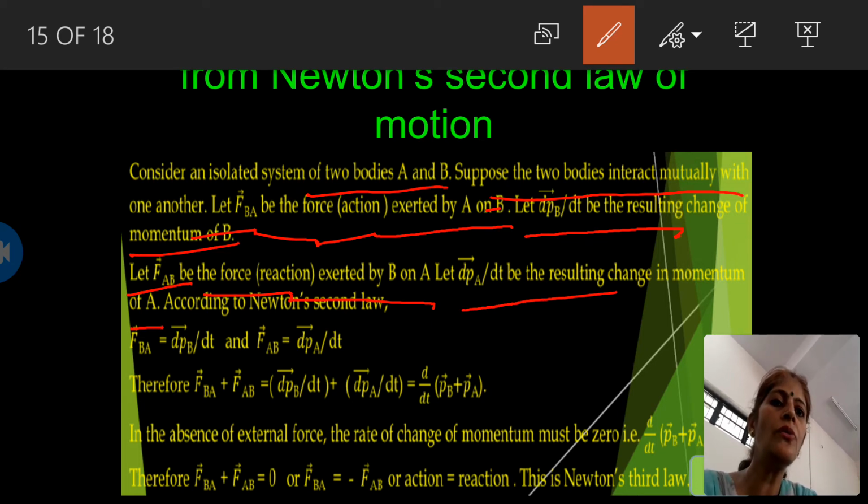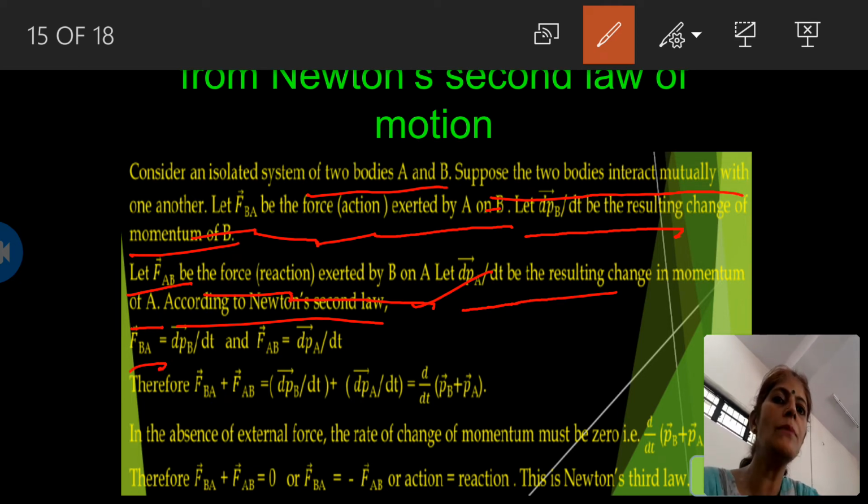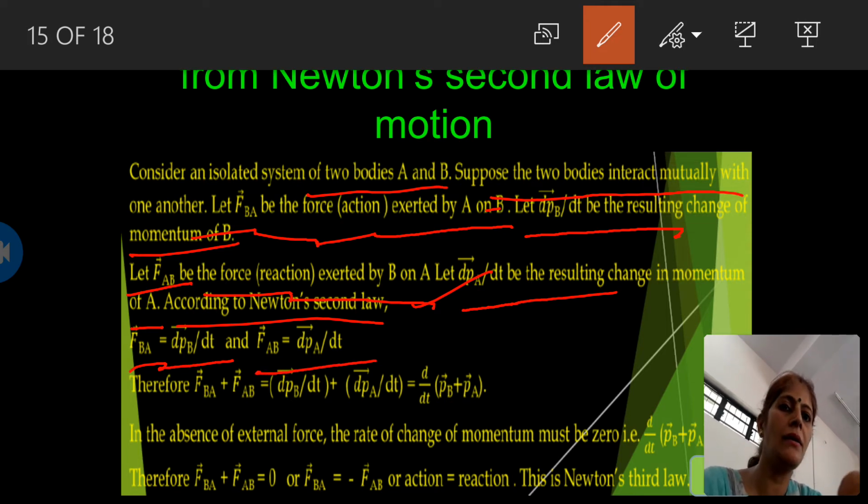Now according to Newton's second law, the rate of change of momentum is equal to the force. Therefore, FBA vector is equal to dPb vector by dt and FAB vector is equal to dPa vector by dt.